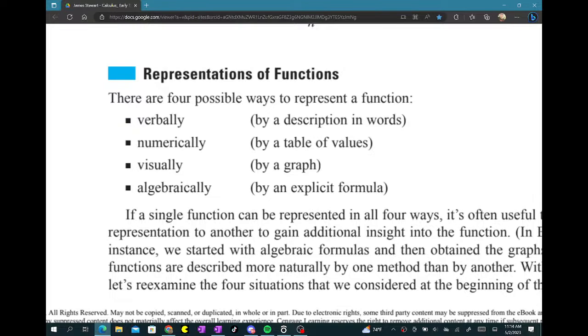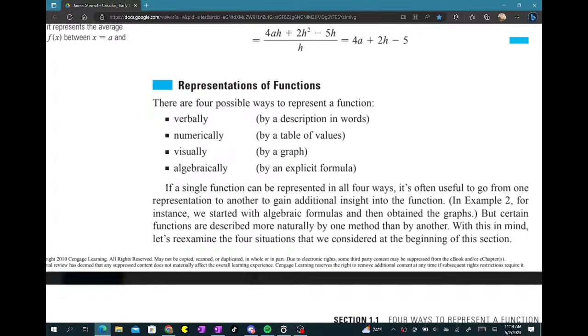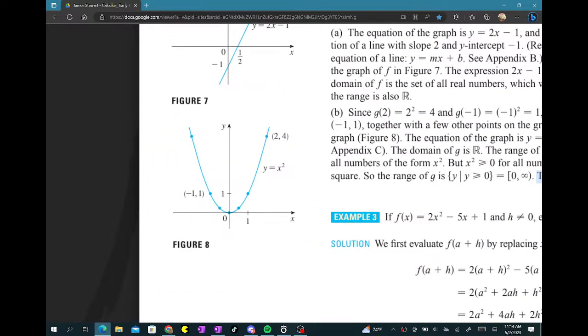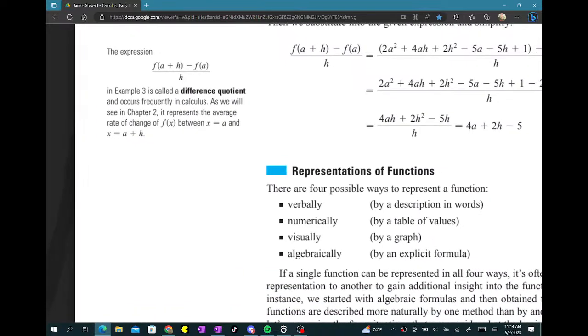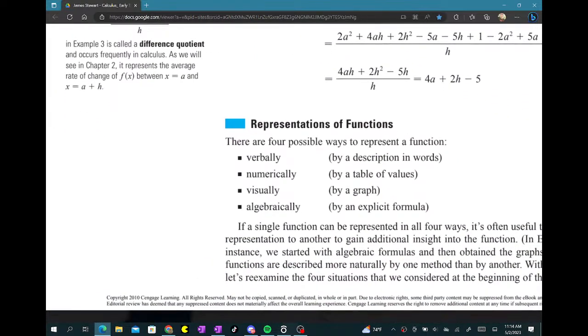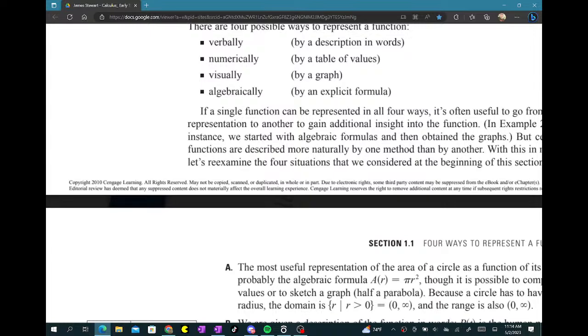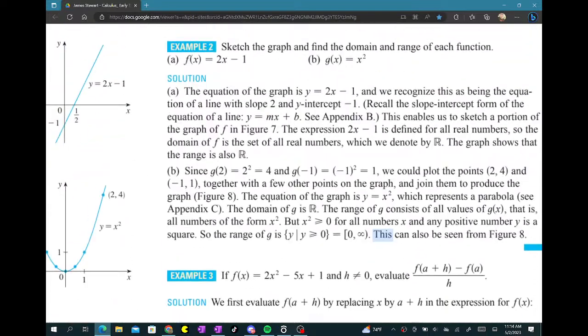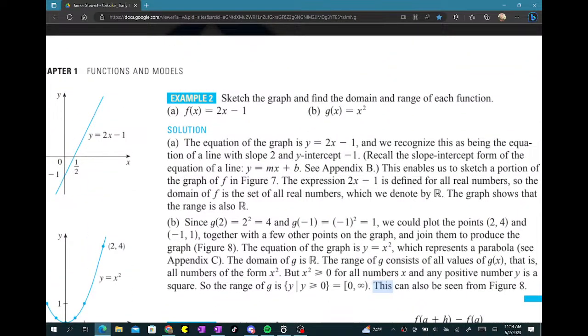And then visually by the graphs, just like this looks right here. And algebraically by an explicit formula. So like we said, f of x equals 2x minus 1. This is algebraic.